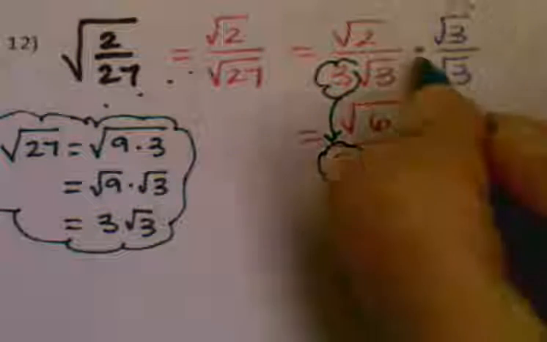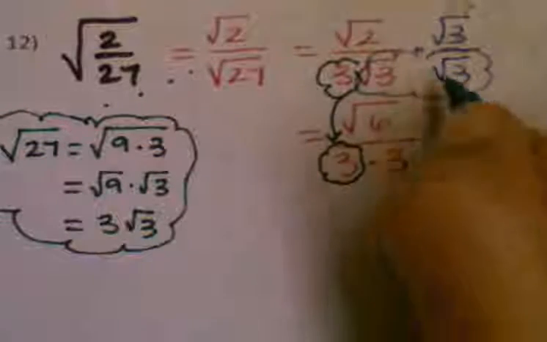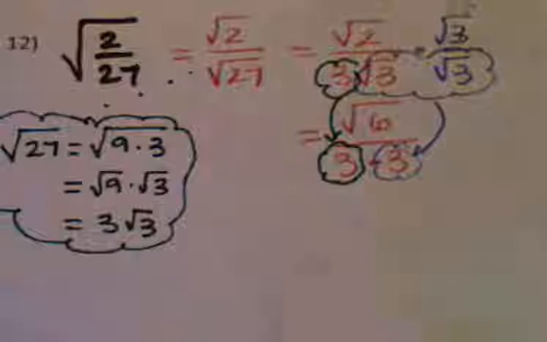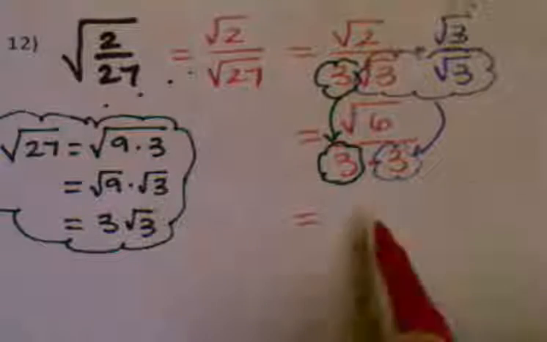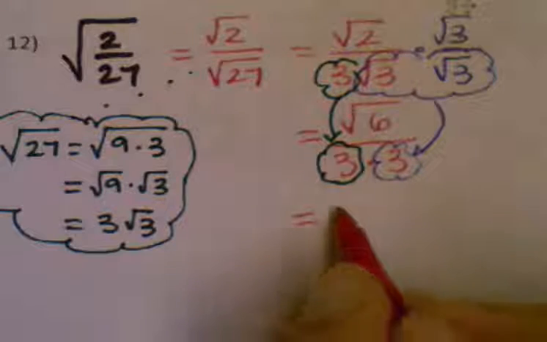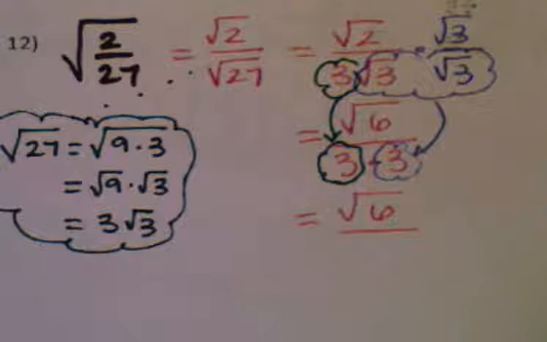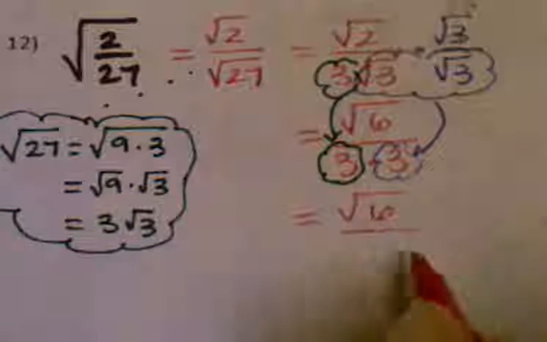Now we can multiply 3's in the denominator. Remember, root 6 doesn't reduce because it's just 2 times 3, so we can't pull any perfect squares out. And we have all of this over 9.